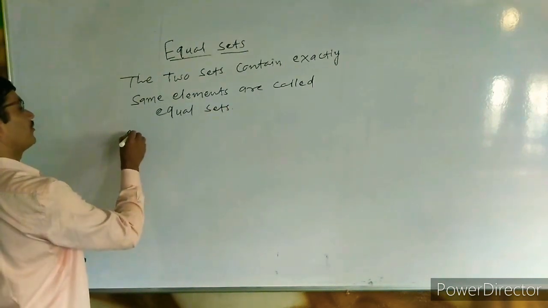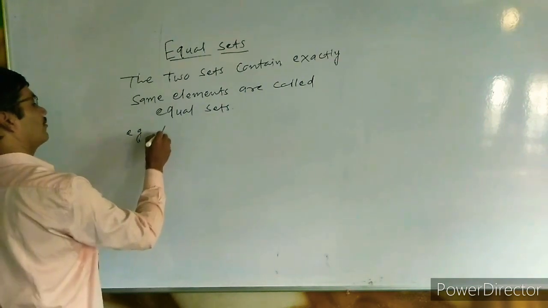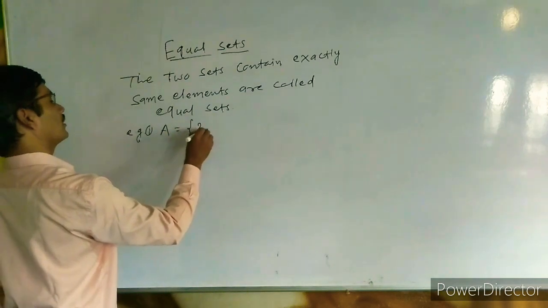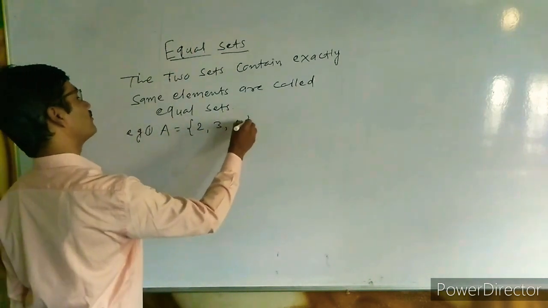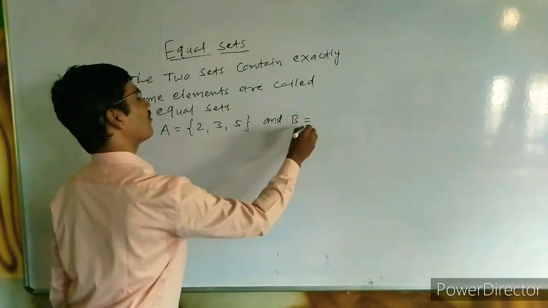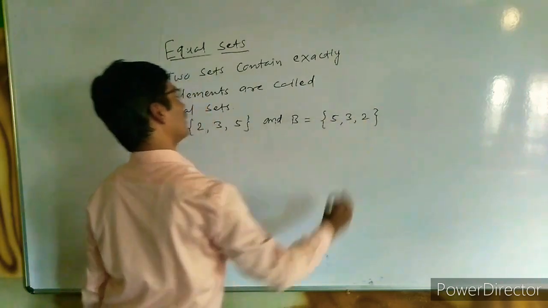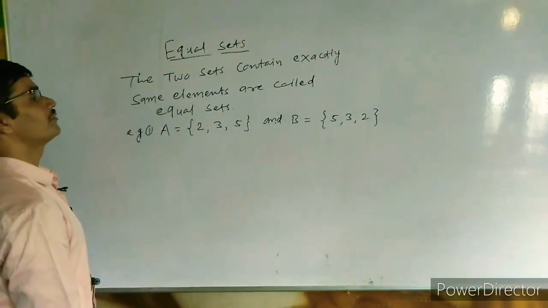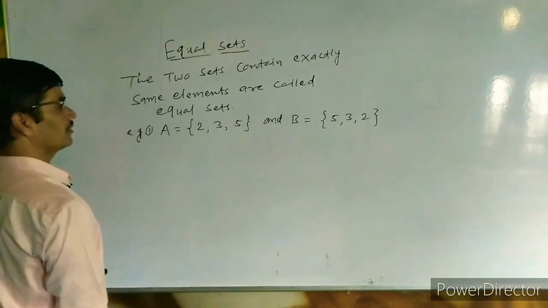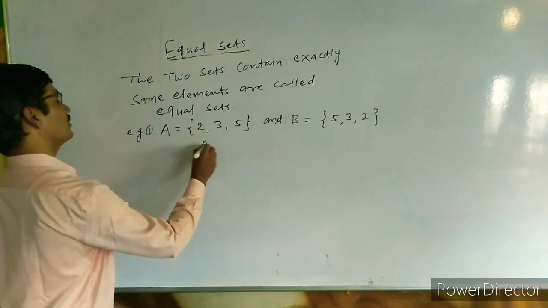For example, A equal to {2, 3, 5} and B equal to {5, 3, 2}. In both sets, the same elements are there, therefore these two sets are equal sets.